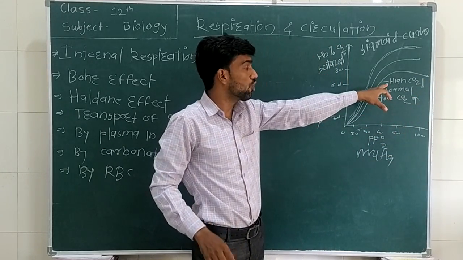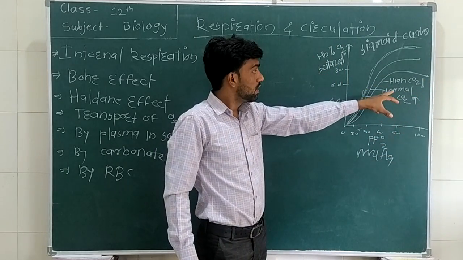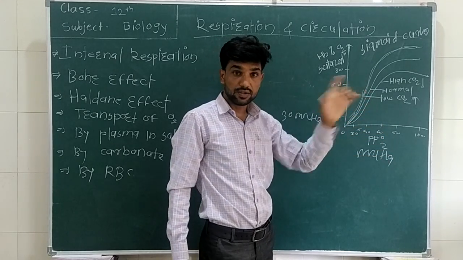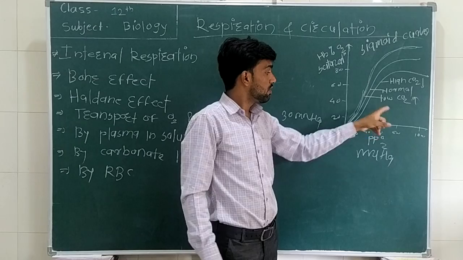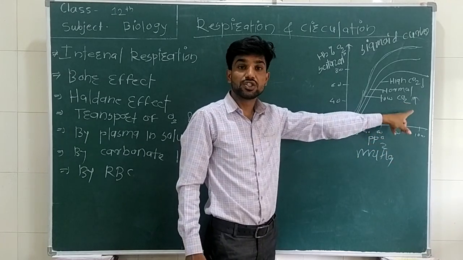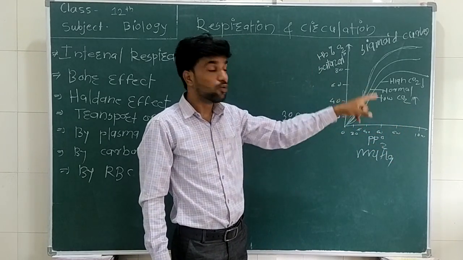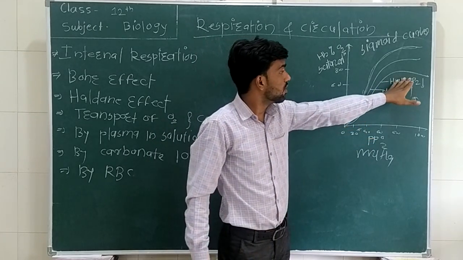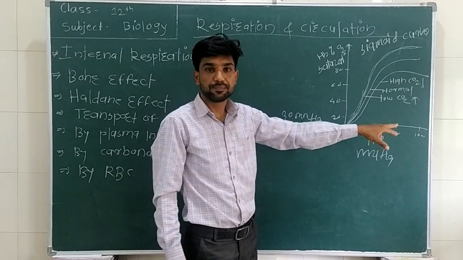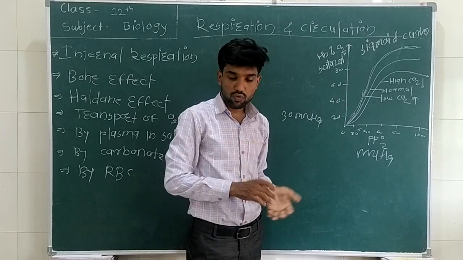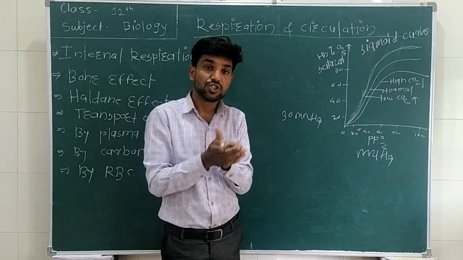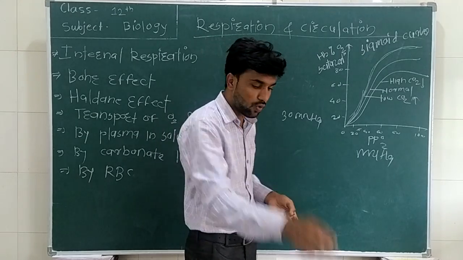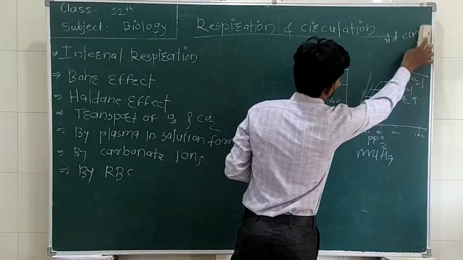This is the Bohr effect: the partial pressure of oxygen moves the sigmoid curve slightly, depending on the concentration of oxygen bound with hemoglobin. If the oxygen concentration is low, the graph moves slightly to the right. Simple. You only have to consider that if oxygen saturation is more, your concentration is more. If the concentration is less, then your saturation is also less. So this is your Bohr effect and Haldane effect.